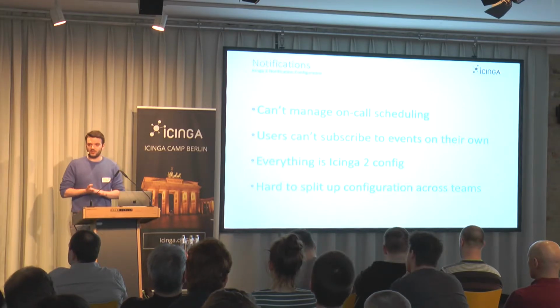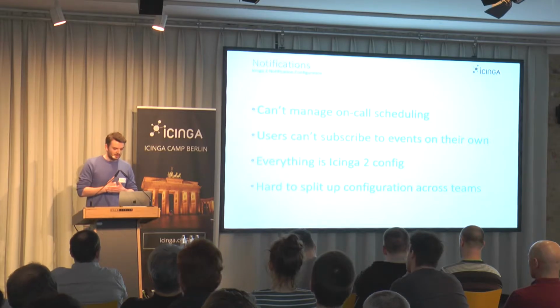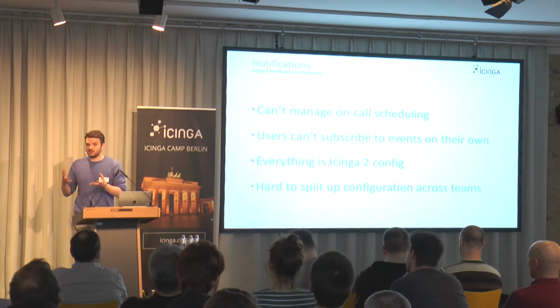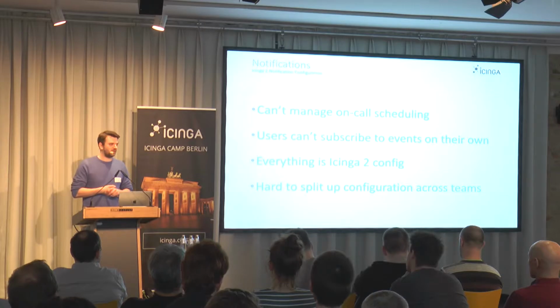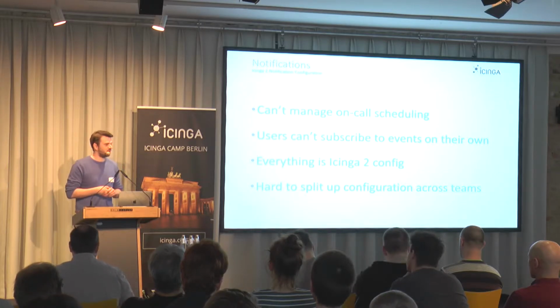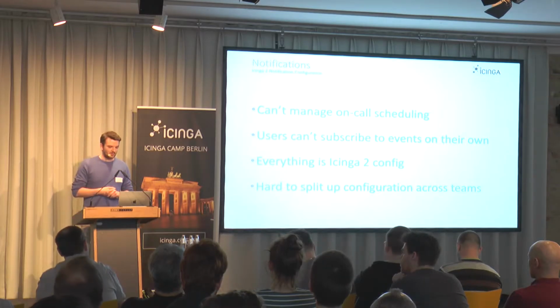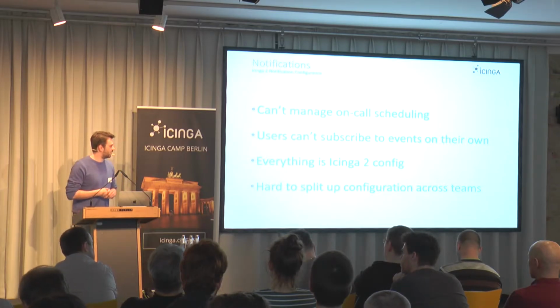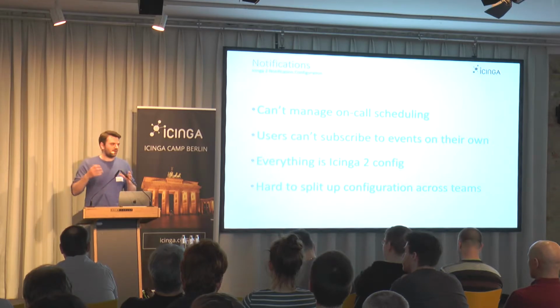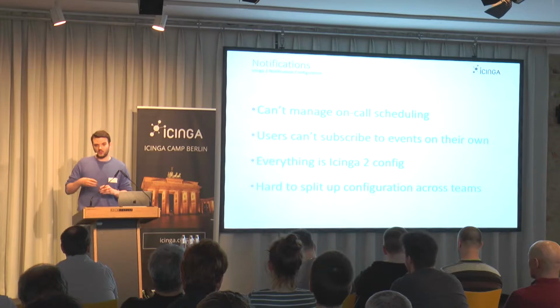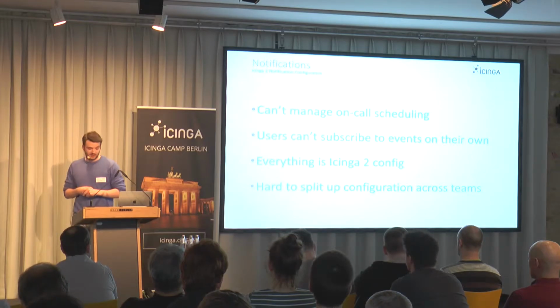That's not possible with the Icinga 2 config. And of course, everything is in Icinga 2, so it's hard to split up the configuration across teams. If you have different teams, different permissions and restrictions, that may be a problem. Maybe the Director may help you, but it's not so advanced that you really can do it in a way where you have to manage many contacts.